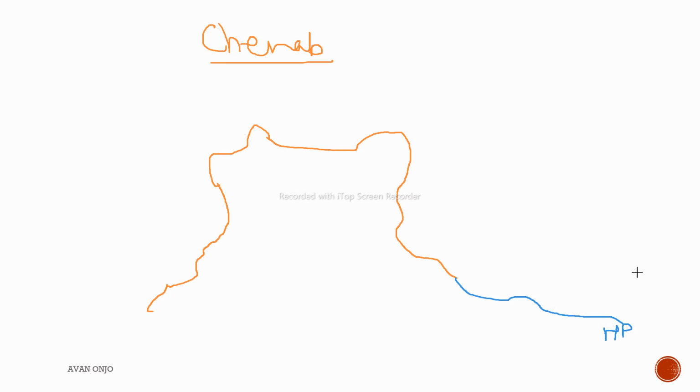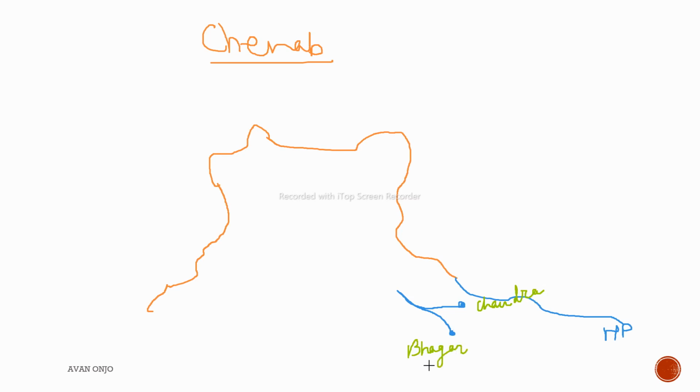Now if I'm talking about Himachal Pradesh, it is going to originate like this, with two rivers combining together like this. These two rivers in Himachal Pradesh are called Chandra and Bhaga.